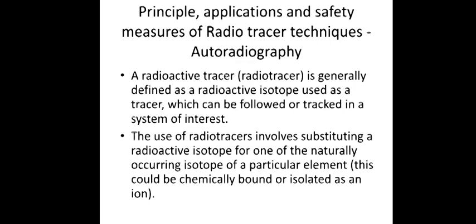It might be a tissue or a sample. Next, you can distribute these radioactive isotopes in the system where you want to analyze certain things. You can identify their position. You can also quantify them in any given sample.